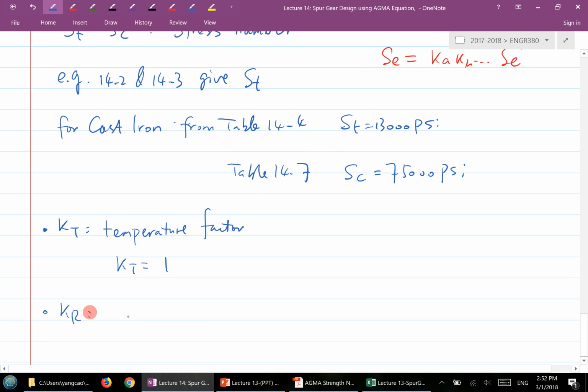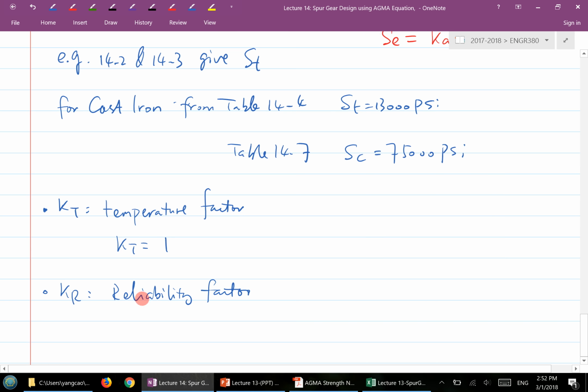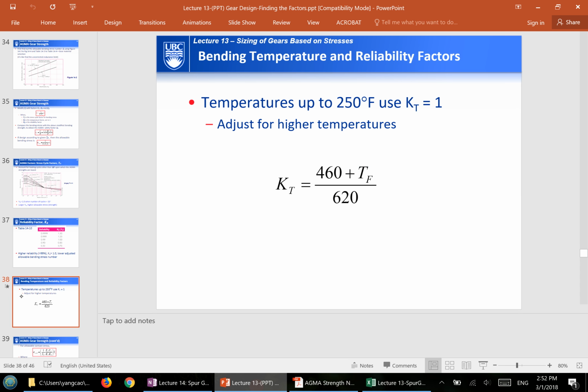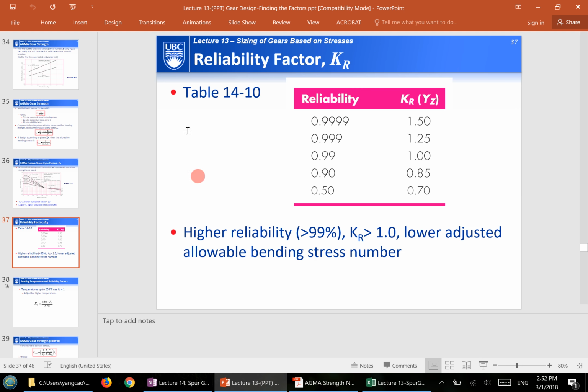And then KR here is the reliability factor. For this one you're going to use table 14-10 to look for the appropriate KR. For 0.99, it's 1.